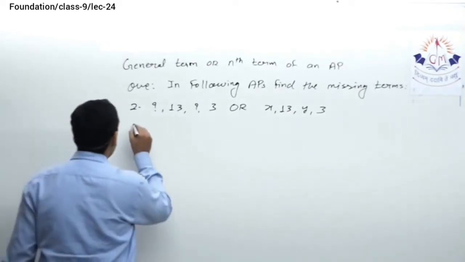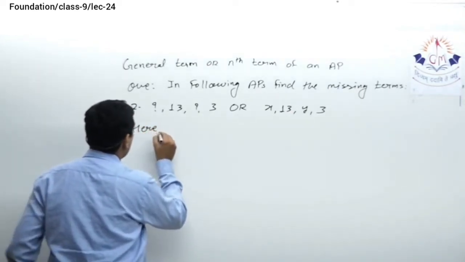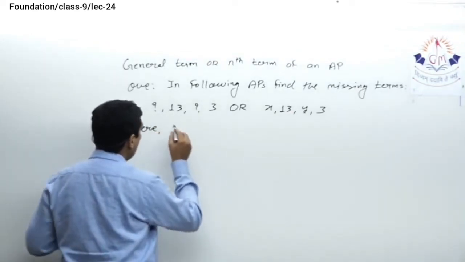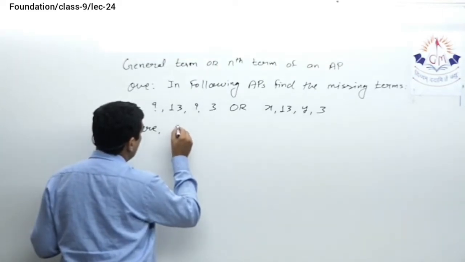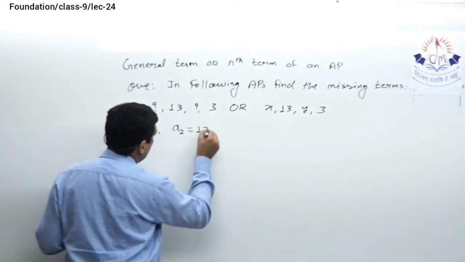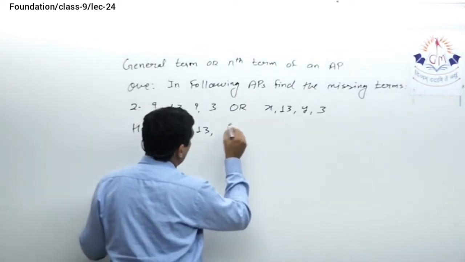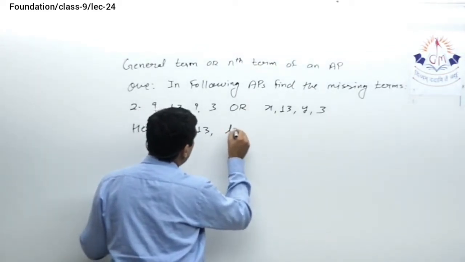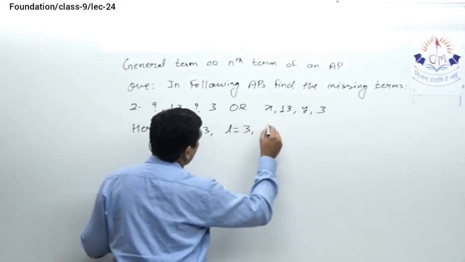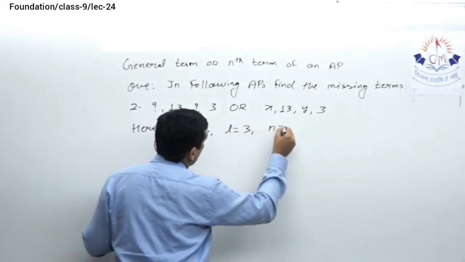So here I have a2 is equal to 13, L is equal to 3, and n is equal to 4.